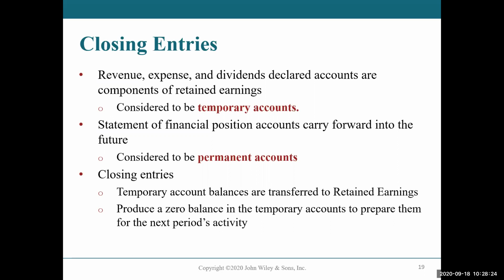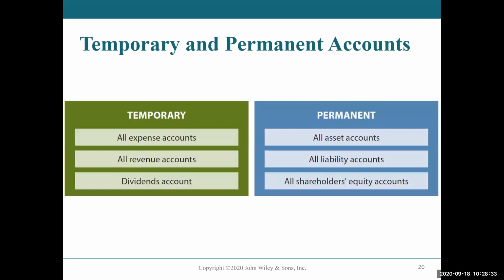Once you have figured out the normal balance, then we will do the exact opposite of that to make the journal entries and bring these accounts to a zero balance. So here is a quick summary of your temporary and permanent accounts. Your temporary accounts are all of your expense accounts, revenue accounts, and your dividend accounts. And our permanent accounts is anything that sits on your balance sheet.